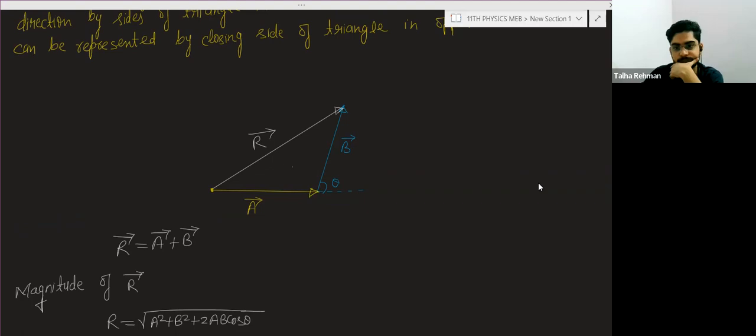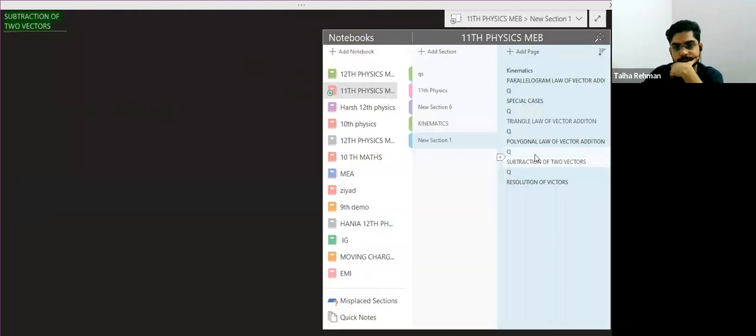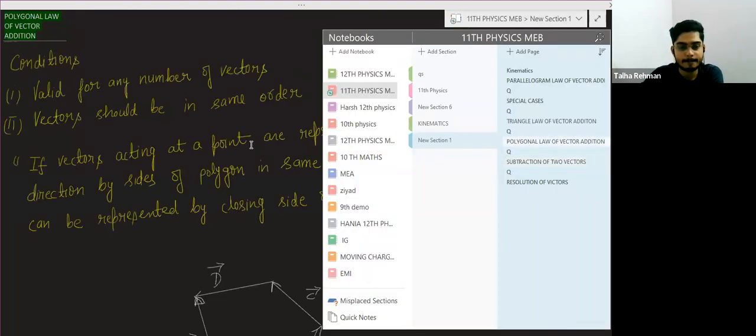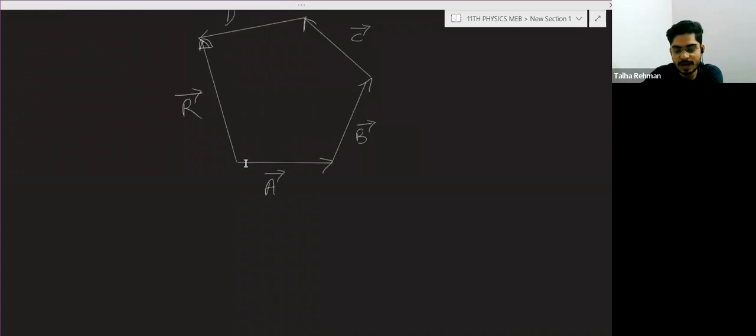So triangle law can be used for any two vectors. So I am using the triangle law for adding this vector and this vector. Vector addition is different from scalar addition. You can add scalar quantities like 5 plus 6 is 11, but you cannot add vectors like that.